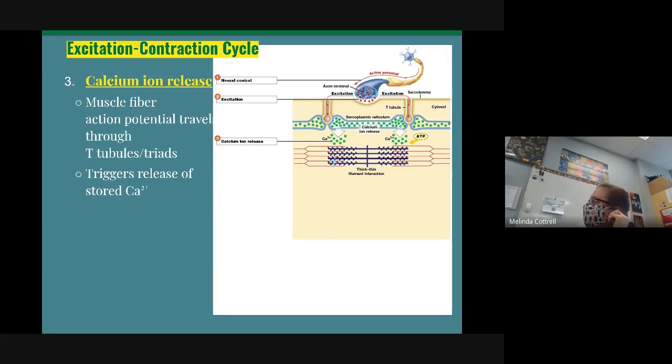So if you're having a tough time visualizing it, let's stop and rethink where we're at. Stop me if something doesn't make sense, and we'll put it back into perspective of the muscle fiber or the muscle organ.